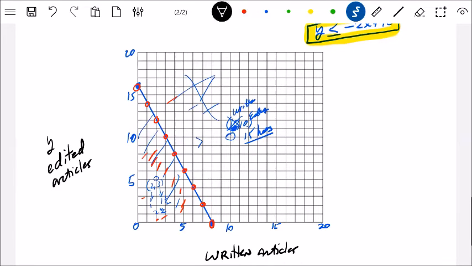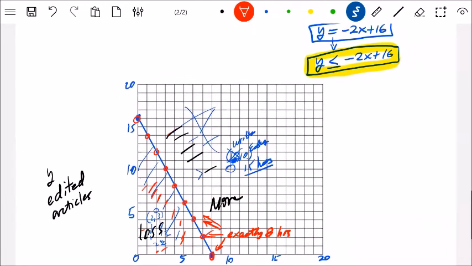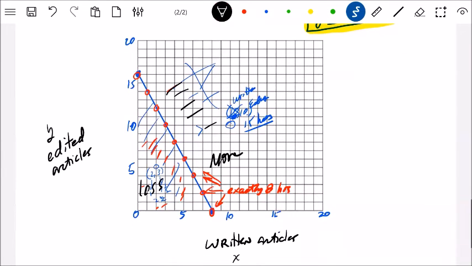All the ones that are here are going to be more than 8 hours. Okay, more, less, and then these are exactly 8 hours. So what the answer is going to include is those points. So let's actually identify those points.